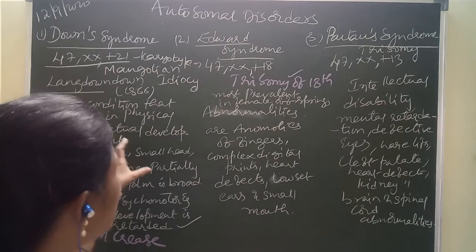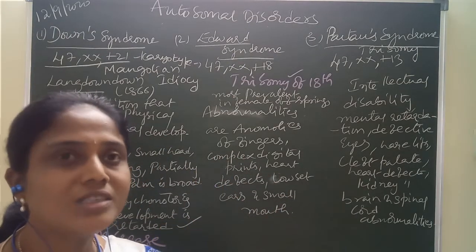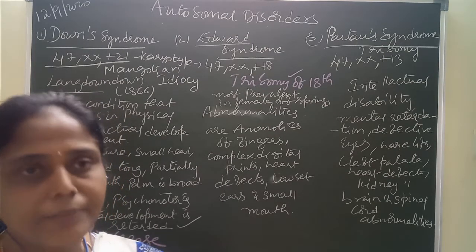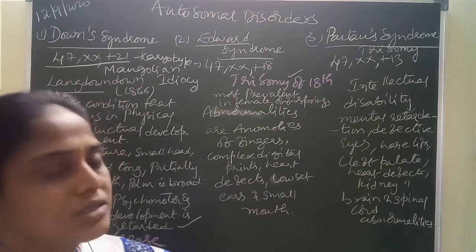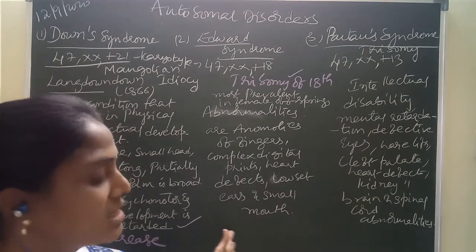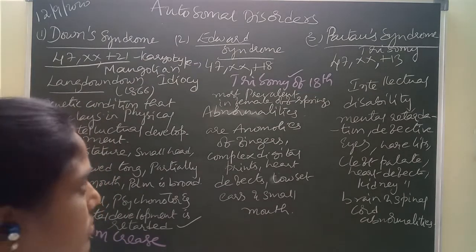All these people suffering from Down, Edwards and Patau syndrome die at an early age. Regarding Patau syndrome, they die at the 6th month, and the remaining die either in infancy or early childhood.